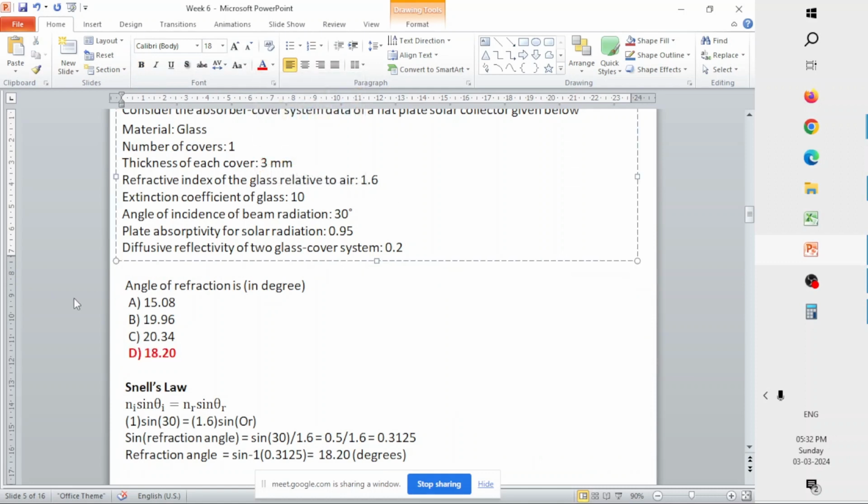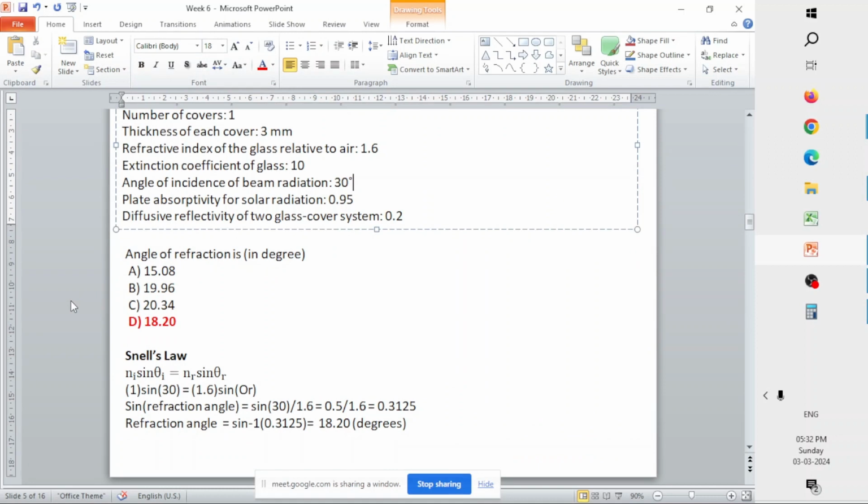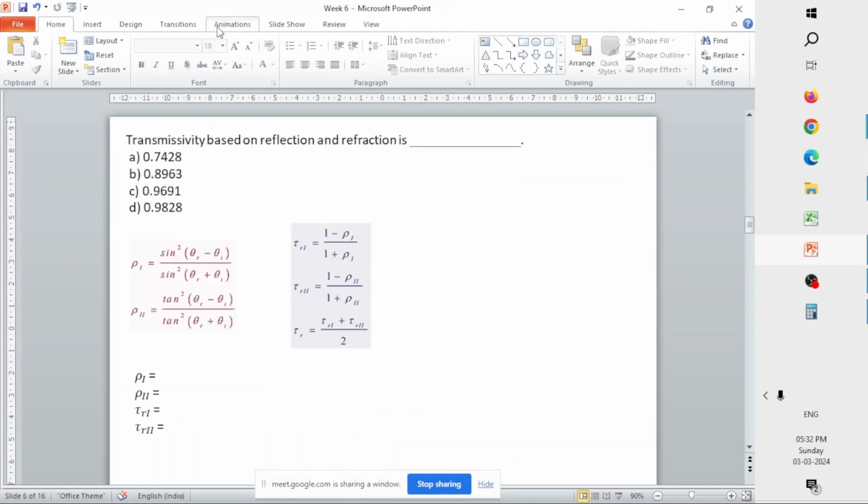Now this part is clear. Here you are asked to calculate your transmissivity based on reflection and refraction. So you are supposed to calculate the value of tau r. In order to know your value of tau r, if you remember, last week we had a flow sheet where we saw how to calculate the transmissivity due to the reflection refraction component.